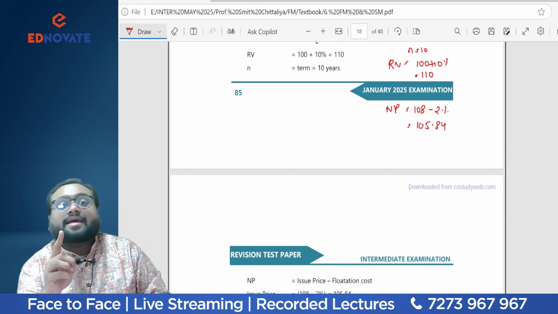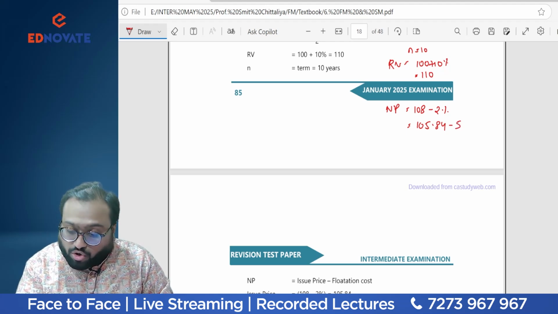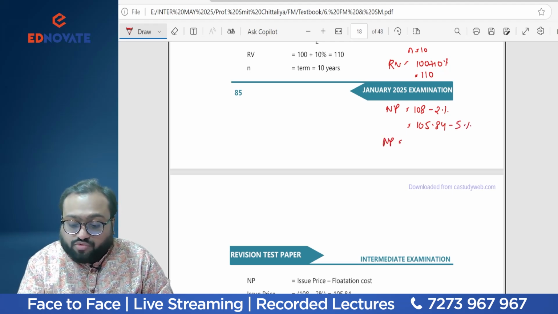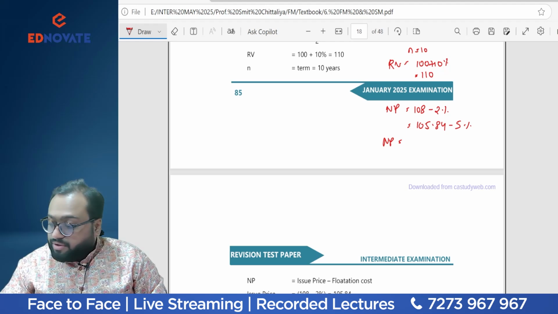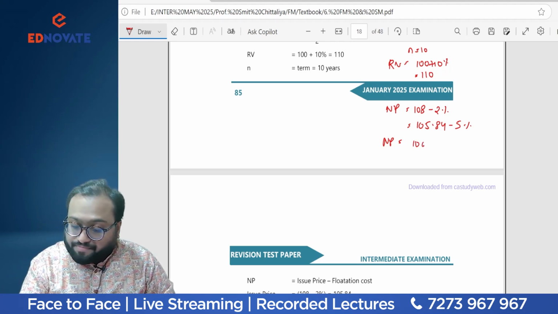They are issued at 108 and not at face value. Out of this, minus 5% is the flotation cost. So your net proceeds will be 105.84 minus 5%, which will be 100.548, or you can take 100.55.